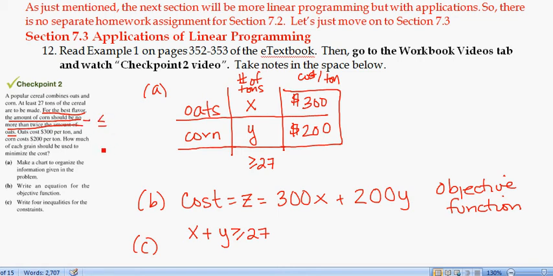So the amount of corn, Y, has to be less than or equal to twice the amount of oats, 2X. And there you go, there is my system of inequalities, but they did say 4, and of course we have to remember that these represent the number of tons, so X and Y are also positive. That'll give us our 4 inequalities.